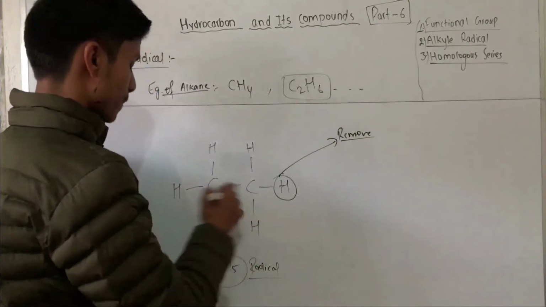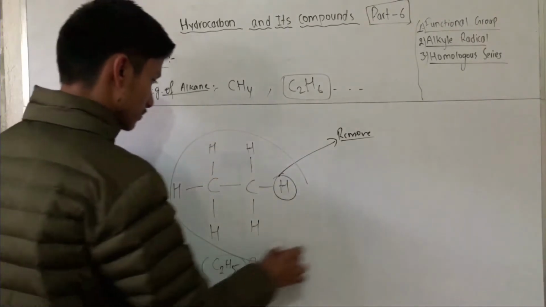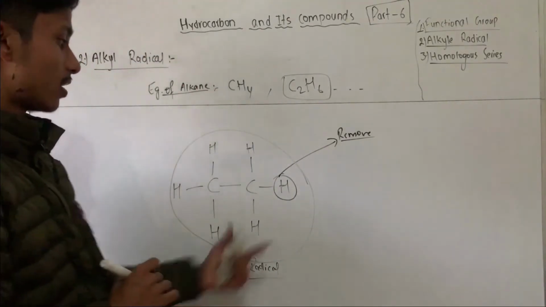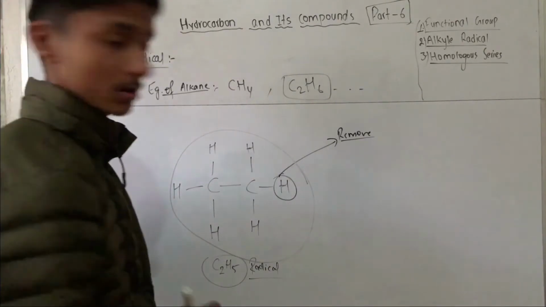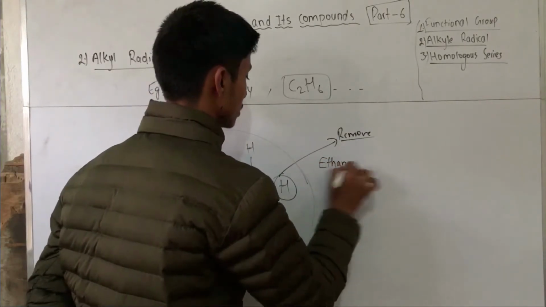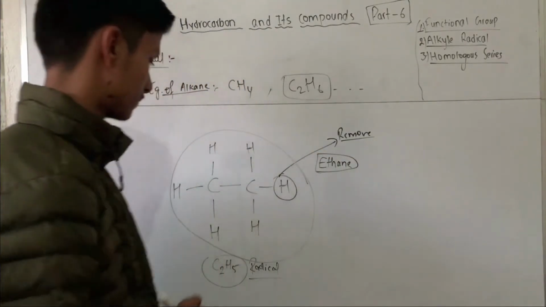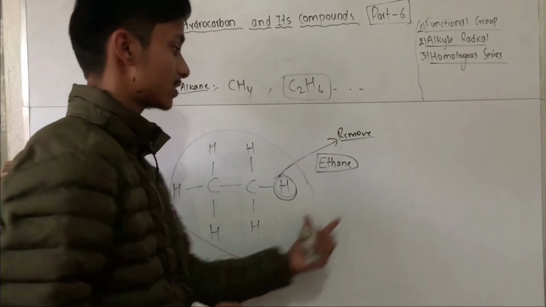So what is this? This is the structural formula of which alkane? Ethane. And if one hydrogen is removed, then what will it be?